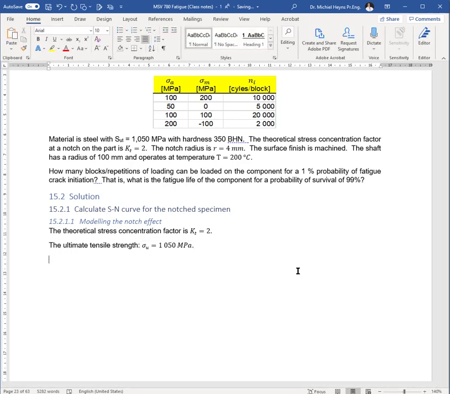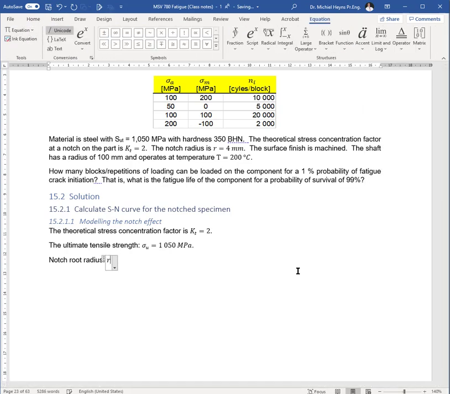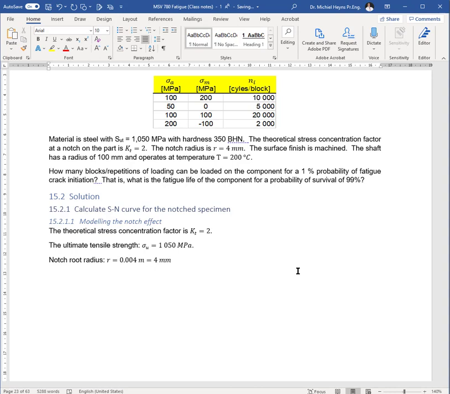And the notch root radius was also given. That is what was given by the problem.